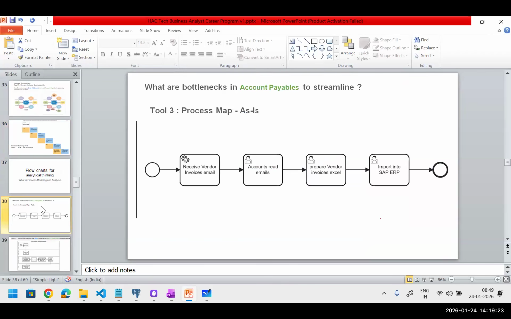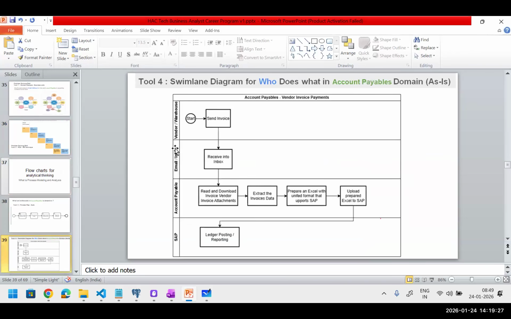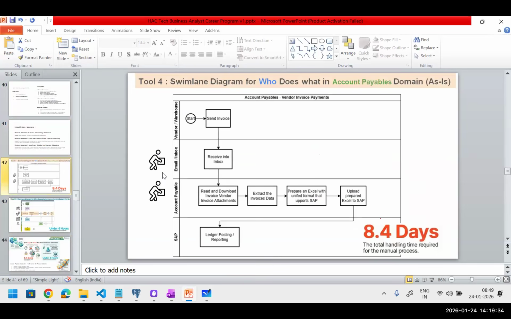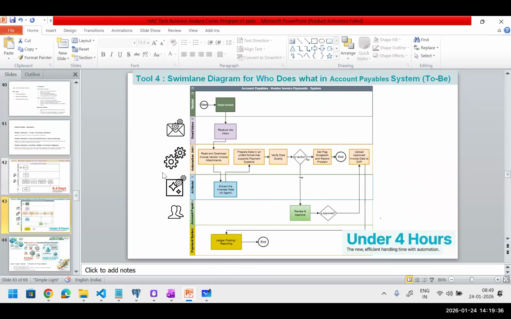If you can write it in a flow diagram like this, we can understand who the people involved are and where the bottleneck is. Therefore we can come up with the to-be state, how it should look like, and what automation or technology we should bring to solve this.